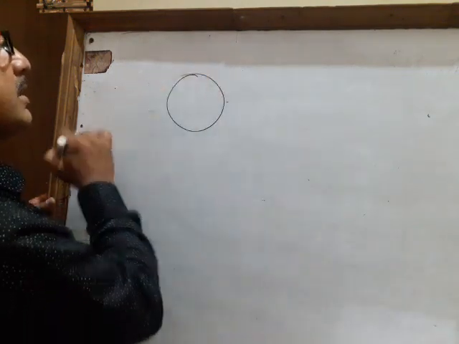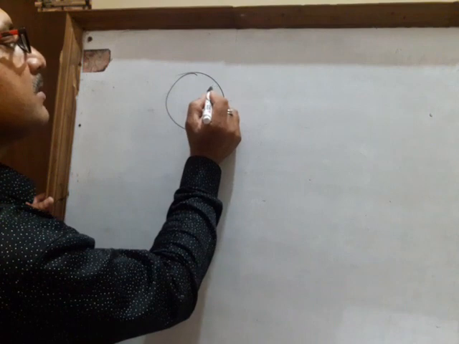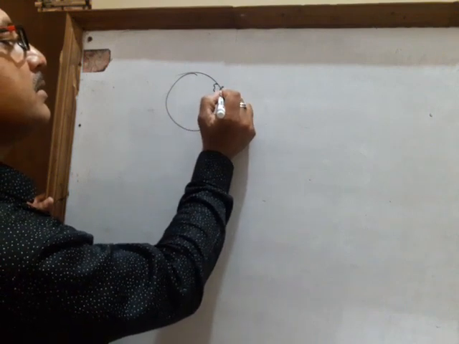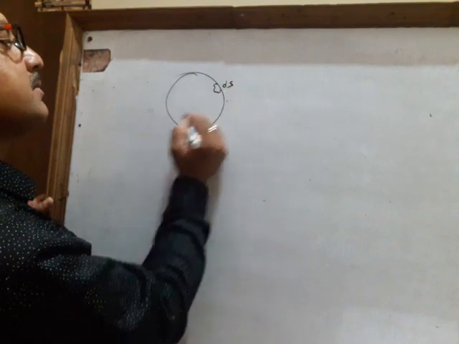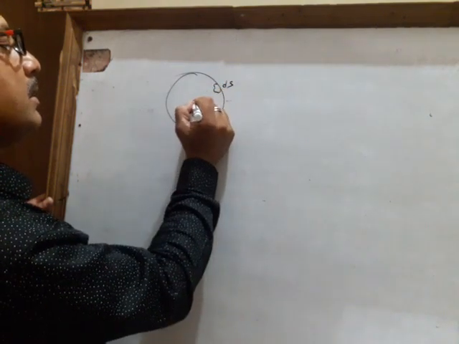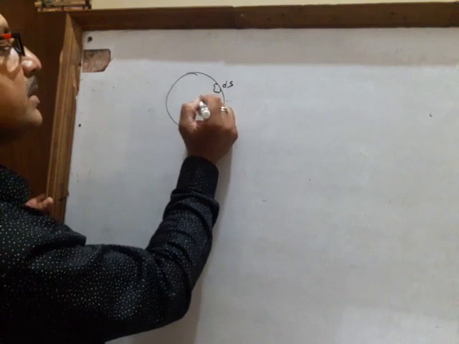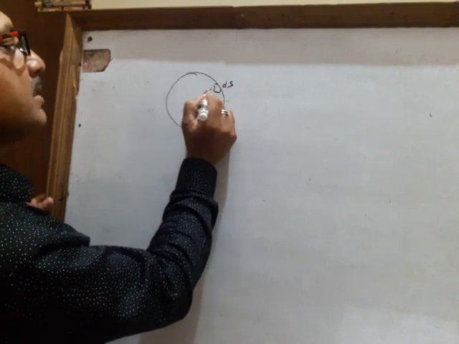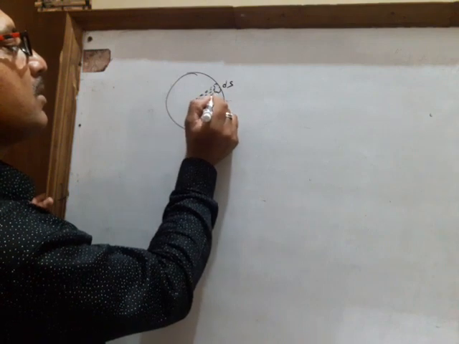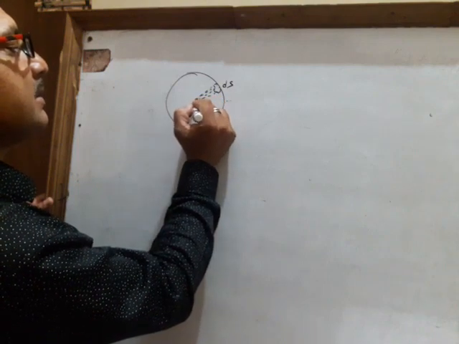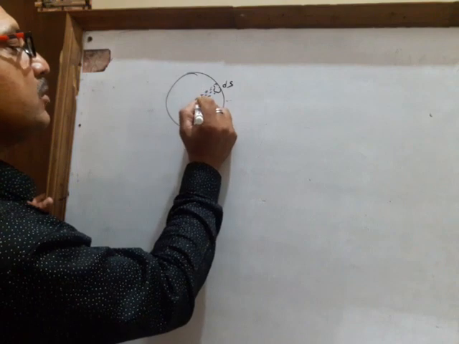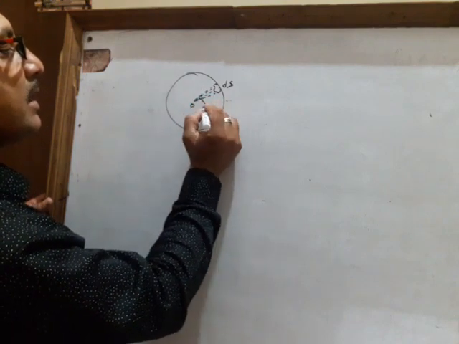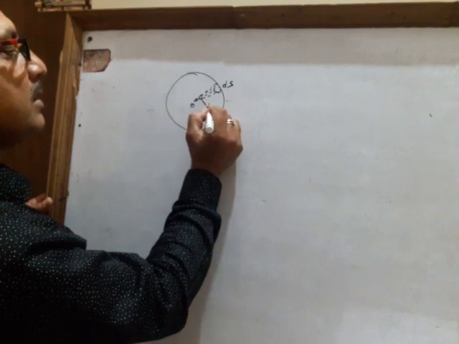Like this is a spherical surface, and if I say this is a small area ds, then if I join all the points of this area ds at the center O, you will see a small angle d omega made.